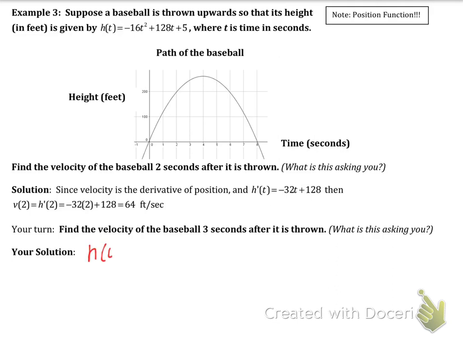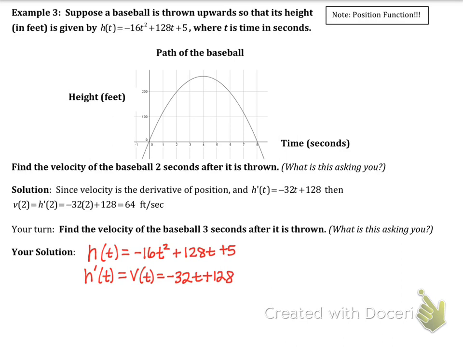So h of t equals negative 16 t squared plus 128 t plus 5. So therefore, the first derivative, which is equal to the velocity of t, equals negative 32 t plus 128.